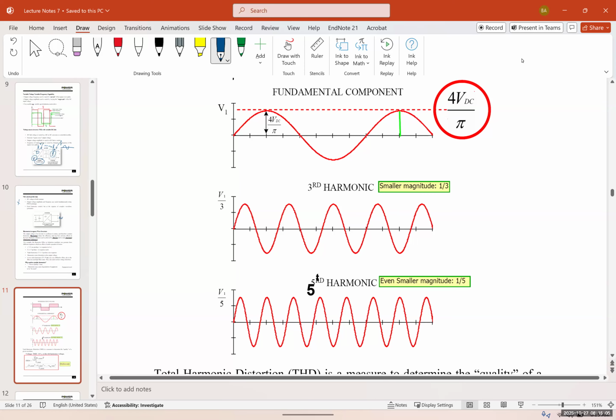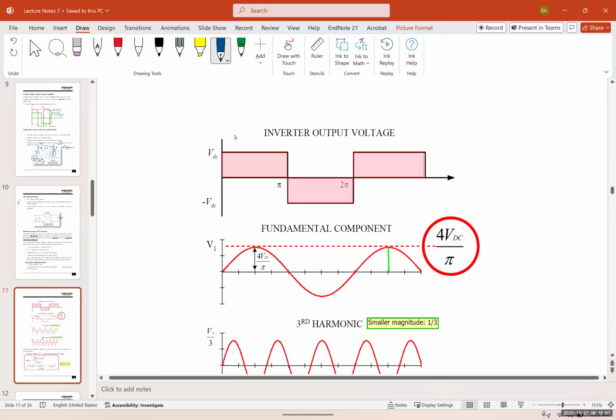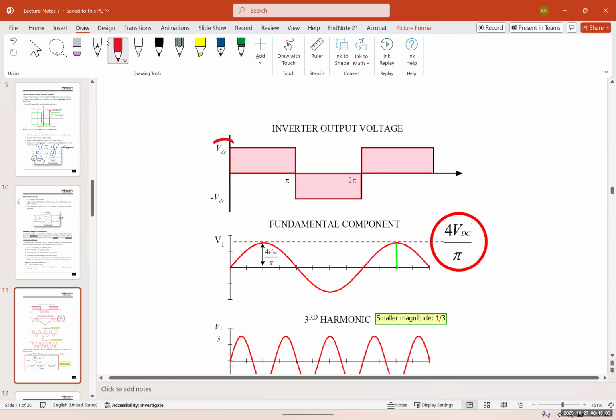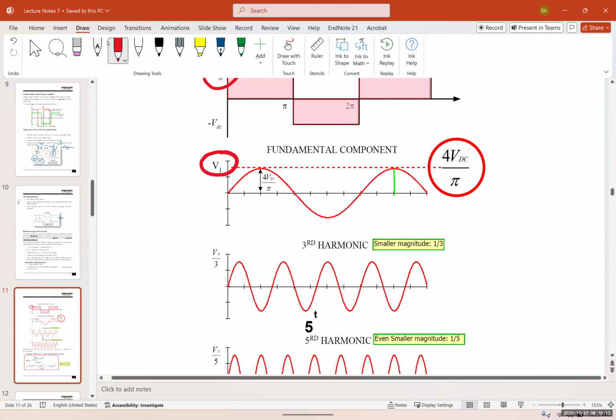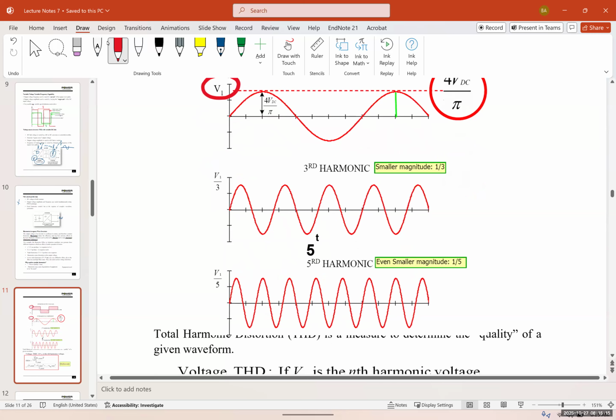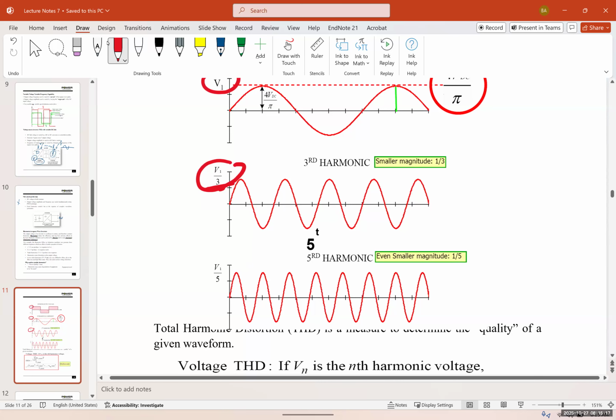So the original signal is VDC. The fundamental harmonic or component is V1. The third harmonic is V1 divided by 3, so 1/3 of that. The fifth harmonic is V1 divided by 5.